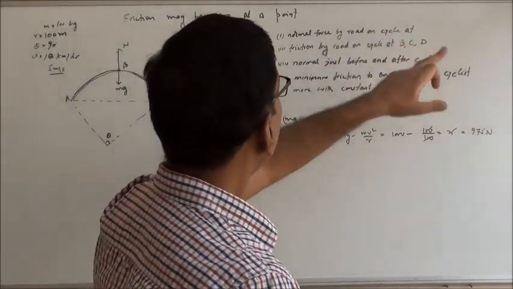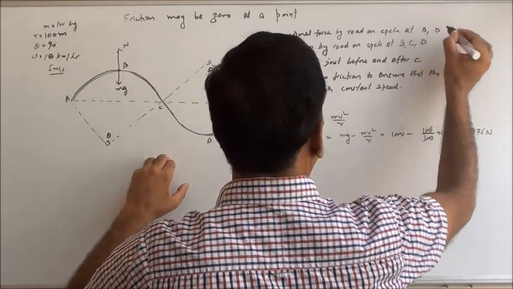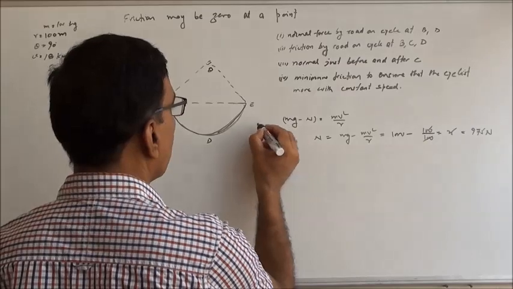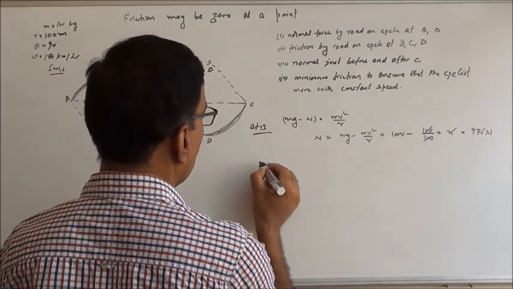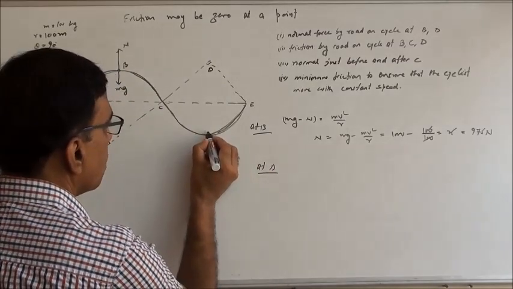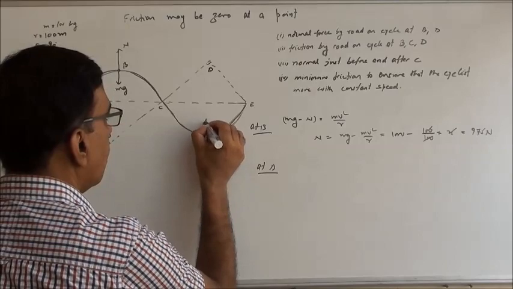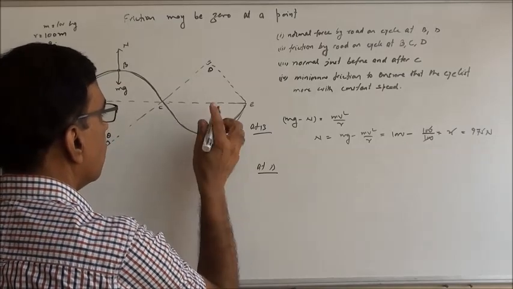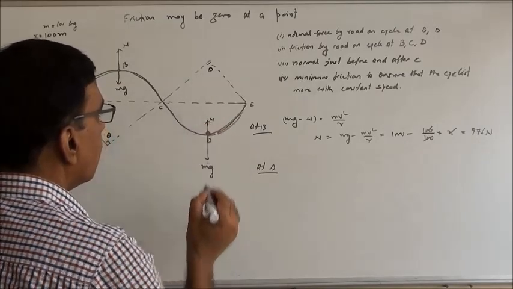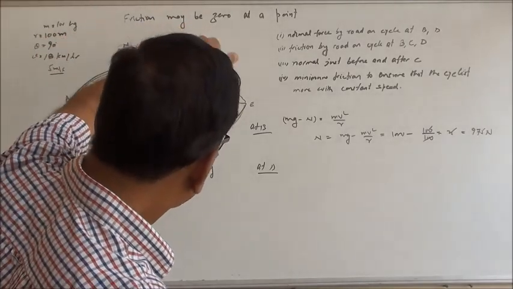Then, normal force by road on cycle at B and D. At B, this is the force. What about the point D? When the cyclist is here, mg is down, N is upward towards the center, and this time the center of the path is here.